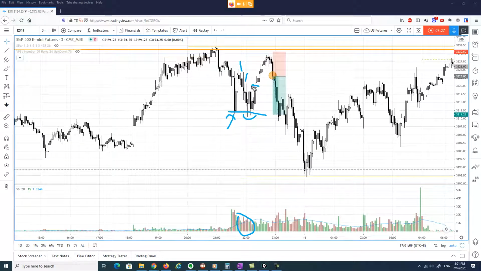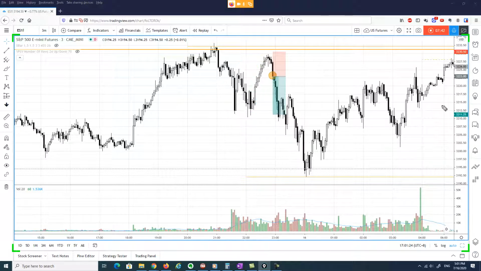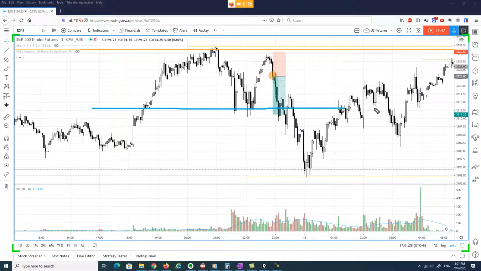So I think after the close of this bar, it can be quite a nice trade to go long and trade it to the upside. You can see that eventually it just went up here. But I did not take that trade simply because it happened in the middle of nowhere, which I did not plan for at this level.